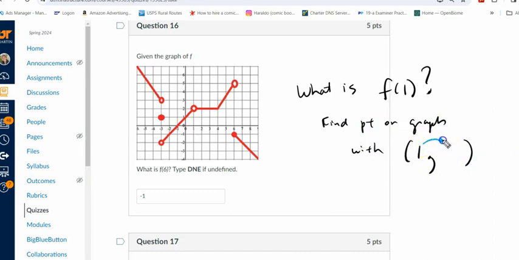And then f would map the x into the y, and that would be your answer. But when I look at this graph, there is not a point with x coordinate 1. Nowhere on the graph. This is x equals 1, and see, this point is not here. It's hollowed out. So there does not exist a point with x coordinate 1.